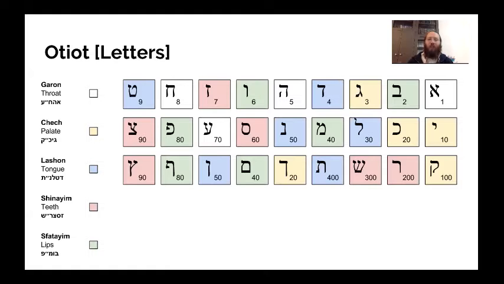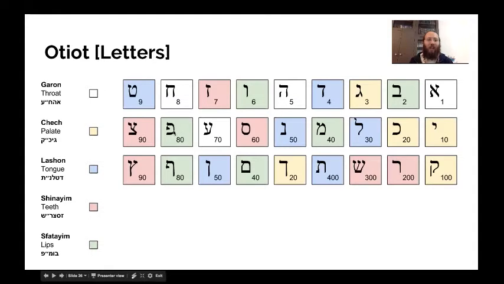So this is just some depth. Of course, there are so many more things with the letters, and each letter has reasons why it's written like that and what it represents. For example, in the Torah scroll, the Pei is written in a way where the Bet is actually right inside of it.